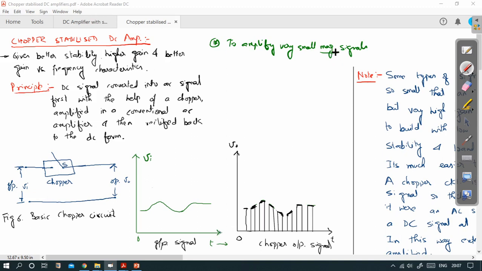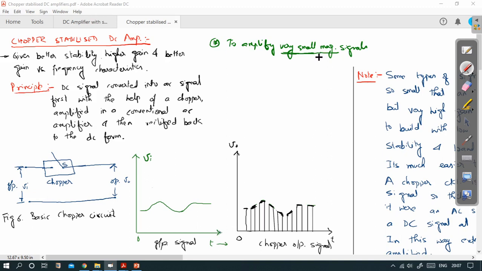But the main thing that poses the problem is that the magnitude of these signals is very small, and because of this it becomes very hard to design amplifiers which can be used to directly amplify these.